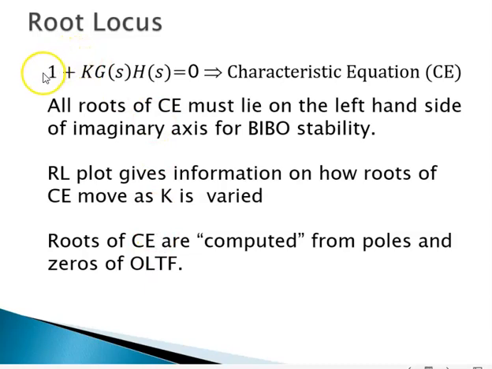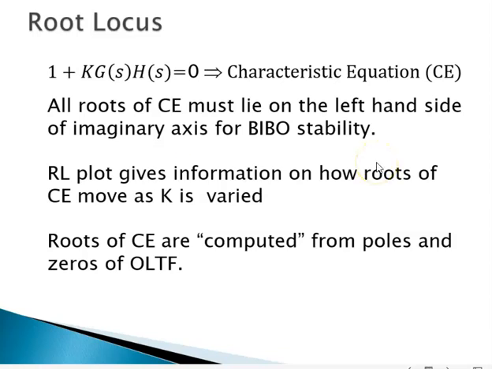So this is the characteristic equation for the closed loop transfer function, but we are plotting these roots by carefully following the rules of the open loop transfer function. So study the open loop transfer function and plot the roots of the closed loop characteristic equation. That's what we are trying to do.